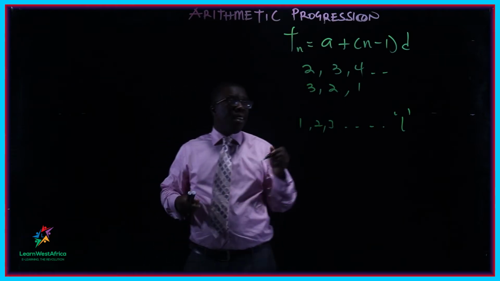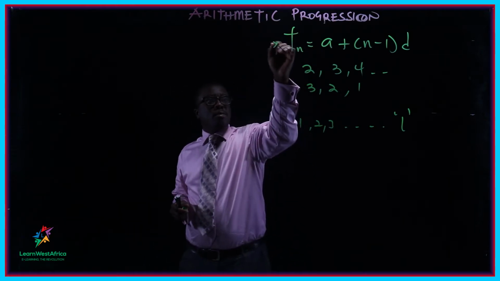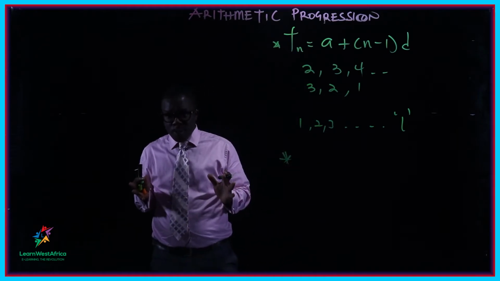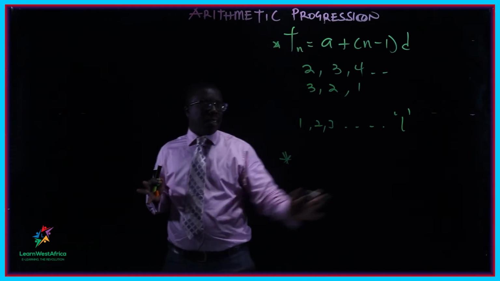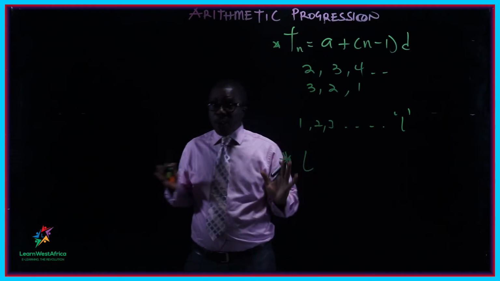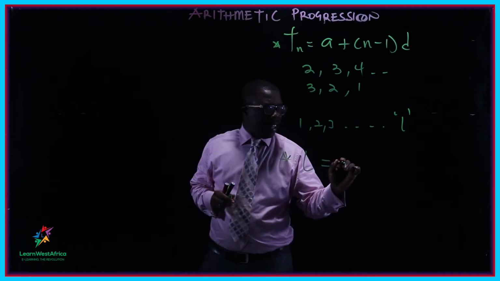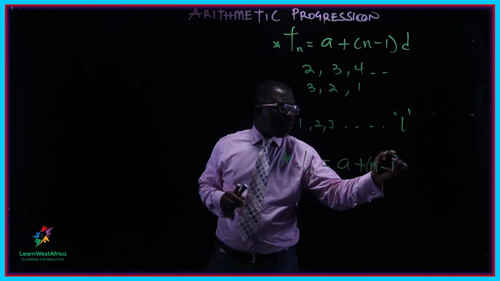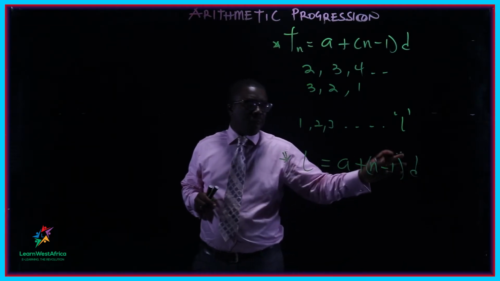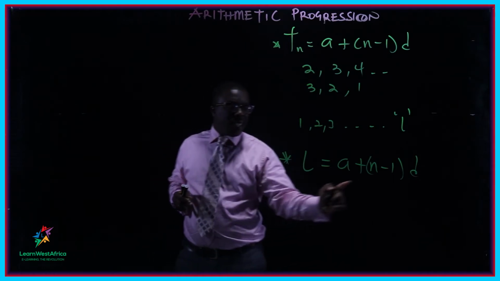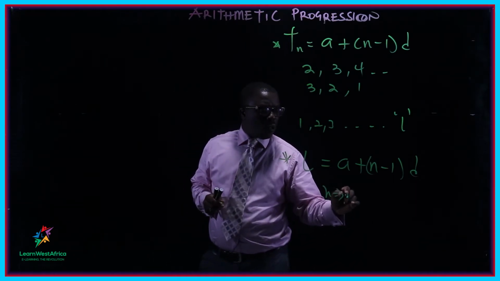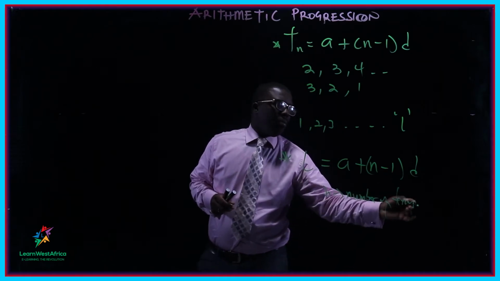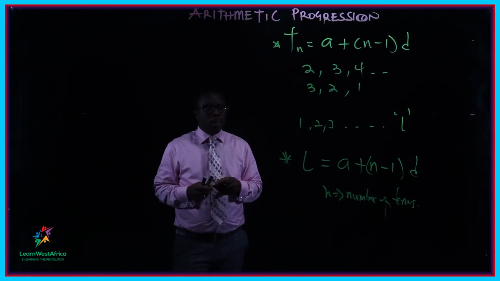Hence, we are saying that for any given arithmetic progression, let's refer to this as the first point, where the last term is given as L for last term, it is also equal to A plus (n minus 1)d, in which case n refers to the number of terms.